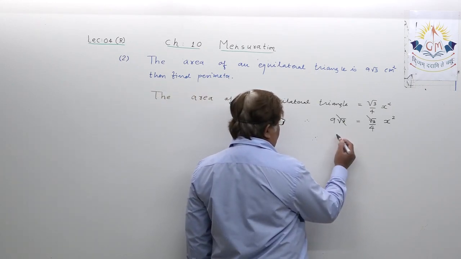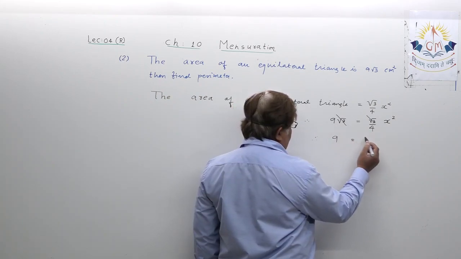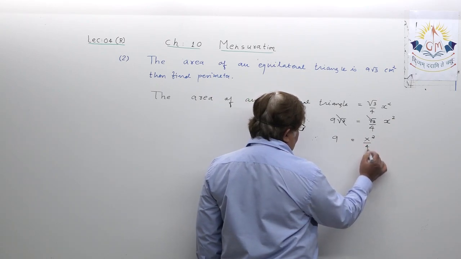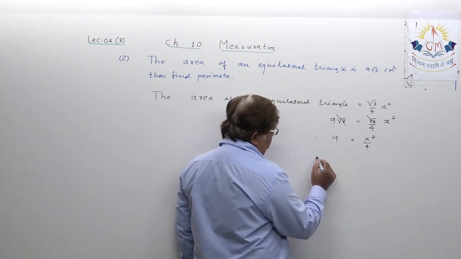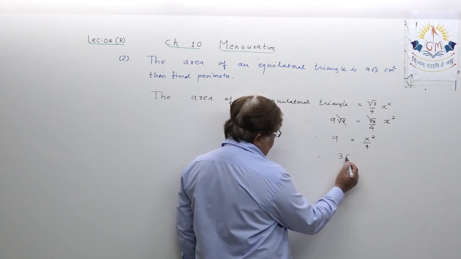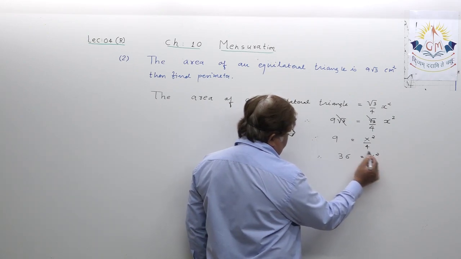Okay, what is left? 9 equals x square upon 4. Clear in mind? Multiply, 36 equals x square.